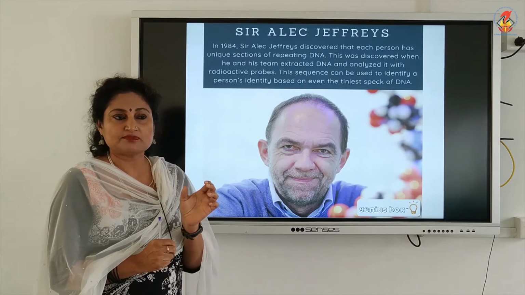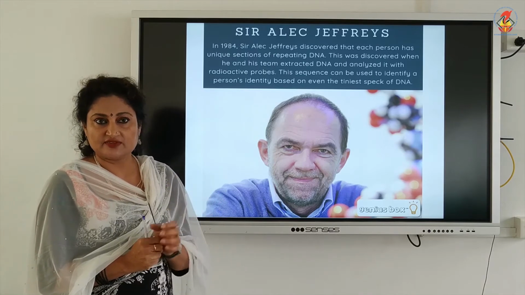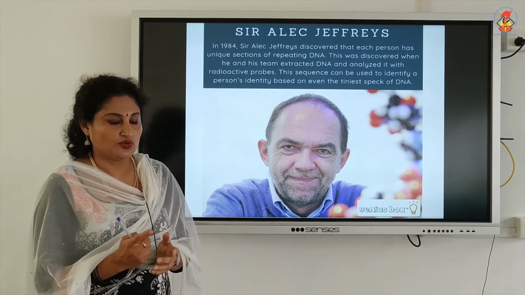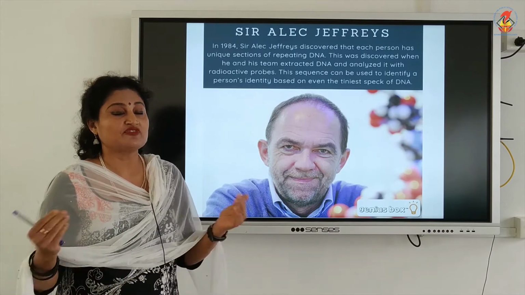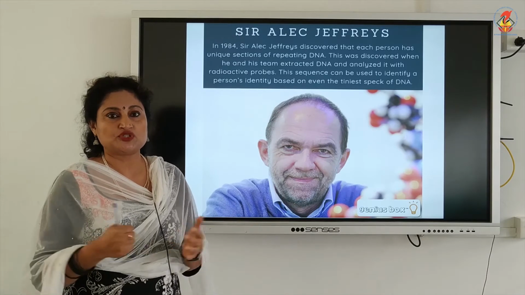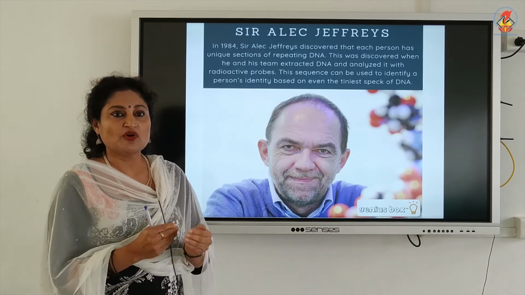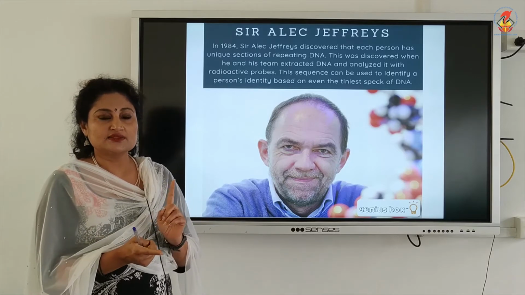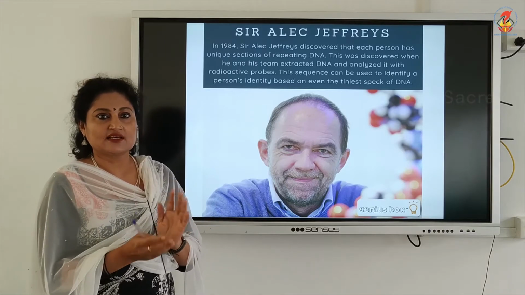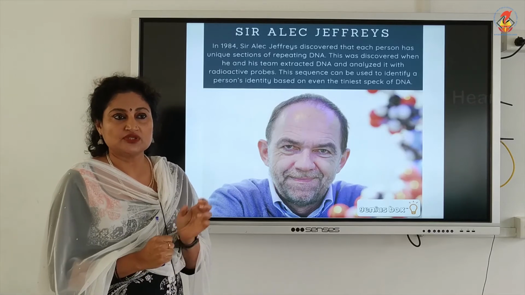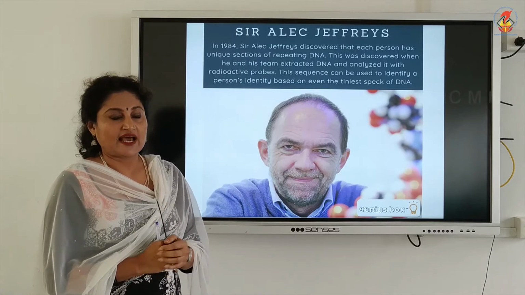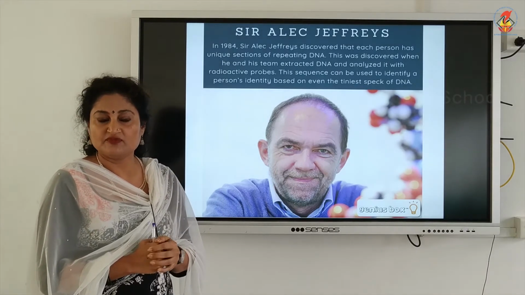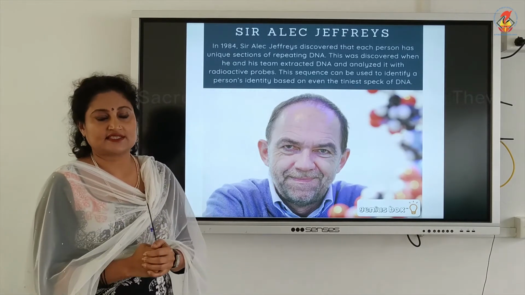And he found that this particular repetitive DNA, this unique segment, showed high degree of polymorphism. You know what is polymorphism, so high degree of differences between individuals. But he found that it was inherited from parents. He found that the siblings and the parents had similarities with respect to this unique segment. And this repetitive DNA segment is known as satellite DNA. We will come to that in the next slide.